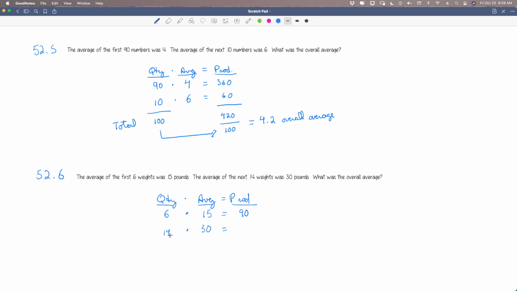And 14 times 30 is going to be 420, I think. Because that's the same as saying 7 times 60, because our factors are 7 and 2. I can take 2 times 30 and say 60, and 7 times 60 is 420.